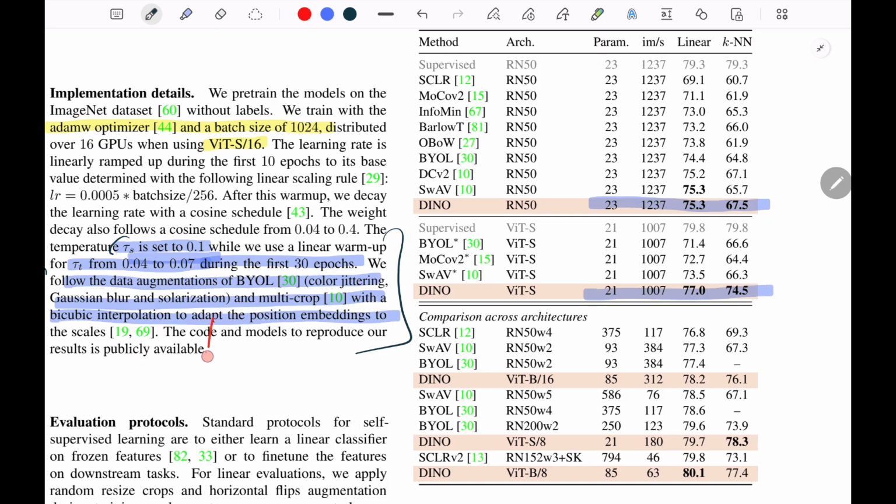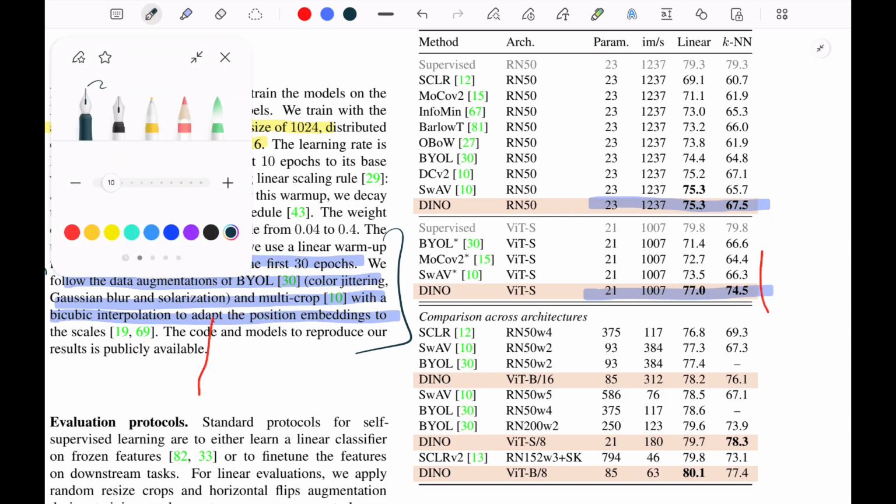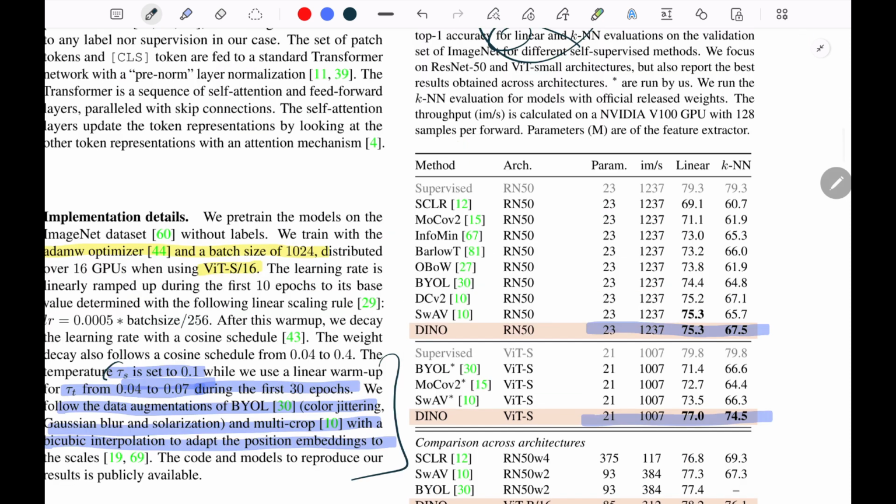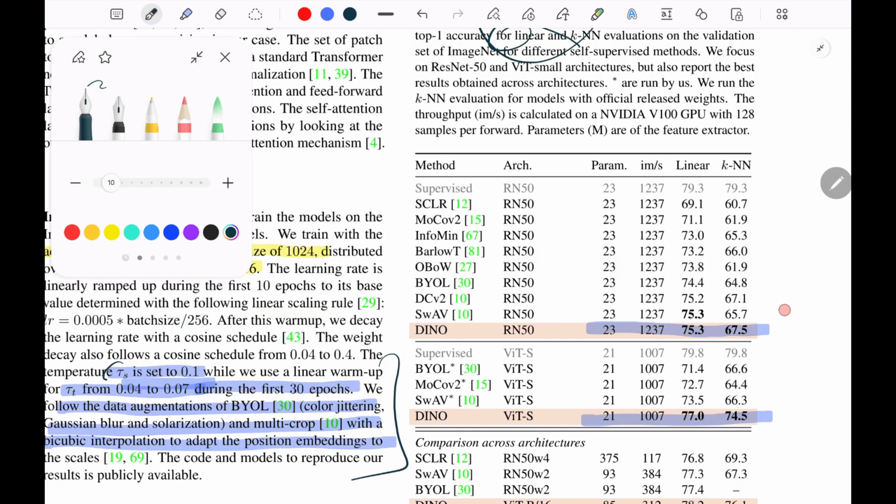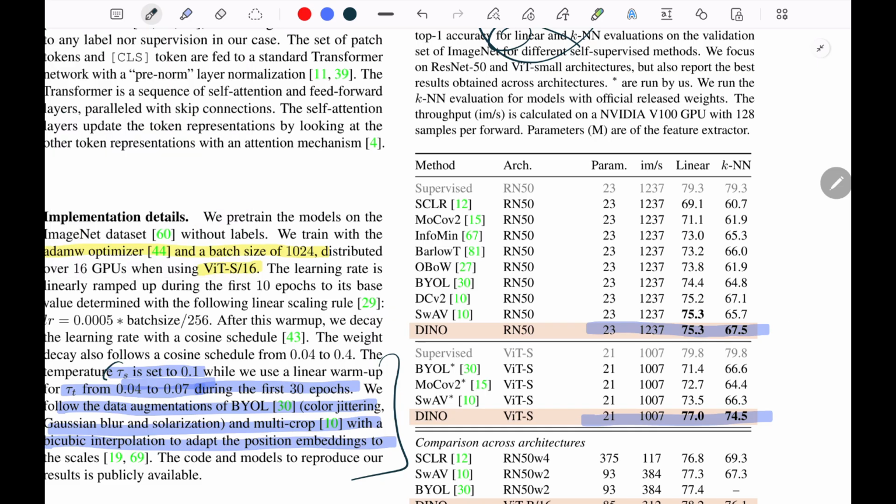And now we can see the self-supervised results. If you look into the results, one thing to observe here is the linear and KNN. KNN has no training at all, so if you see between those two terms, there is not much difference in the performance.